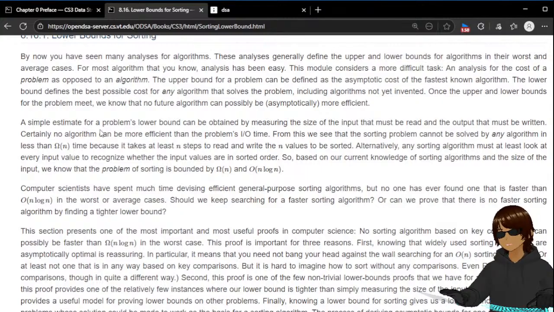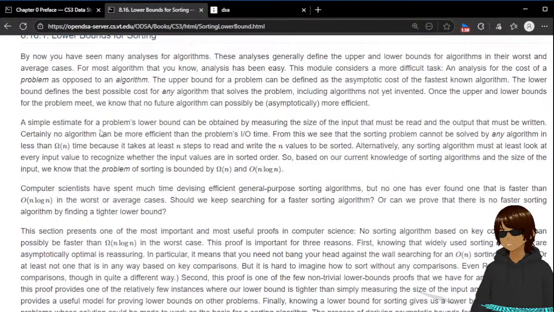Certainly, no algorithm can be more efficient than the problem's I/O time. From this, we see that the sorting problem cannot be solved by any algorithm in less than omega n time, as it takes at least omega n to read and write the n values to be sorted.